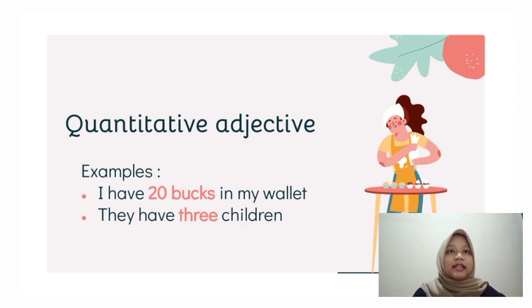And next, we have the quantitative adjective. This adjective provides information about the quantity of the nouns or pronouns, and this type belongs to the question category of how much and how many.